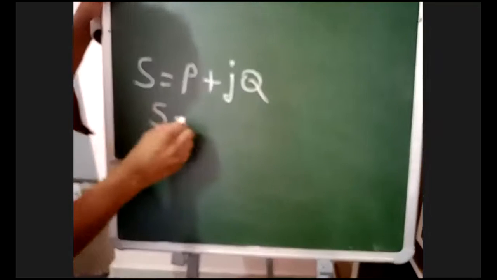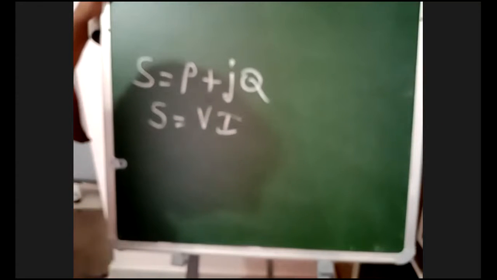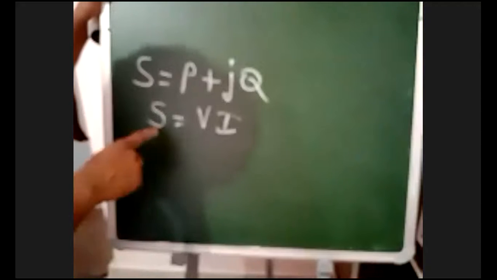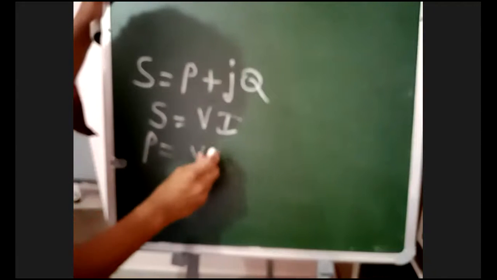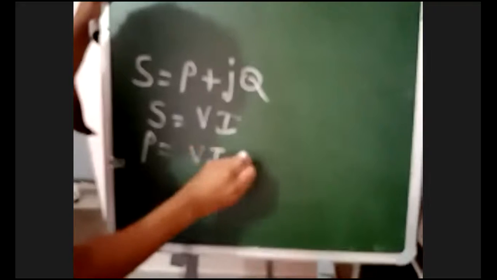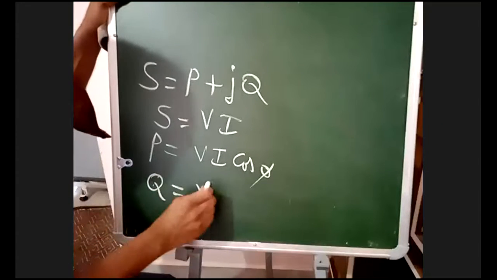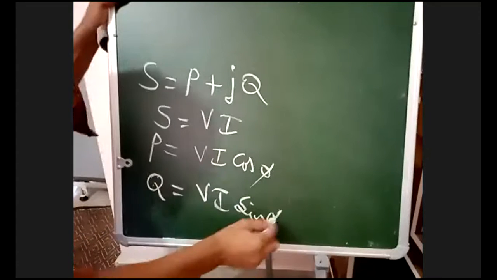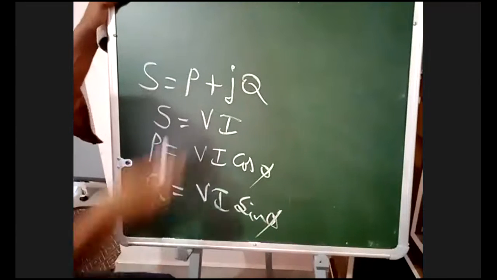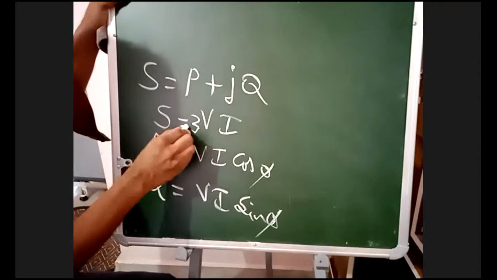S is equal to VA, P is equal to VA cos phi, Q is equal to VA sin phi. All these formulas are for single phase. For three phase, we are having three phases.